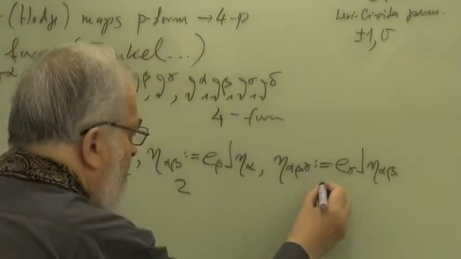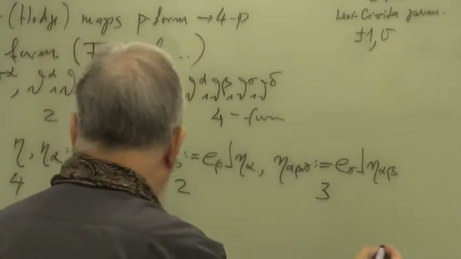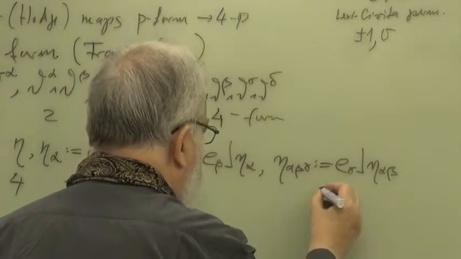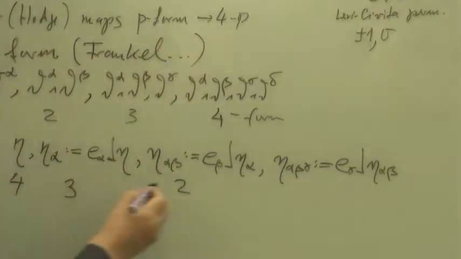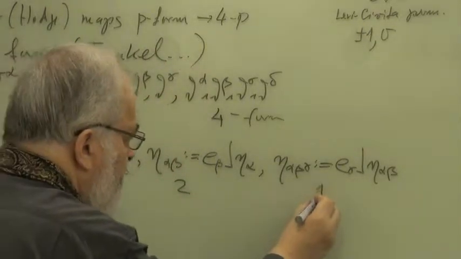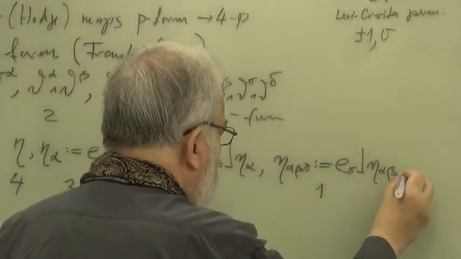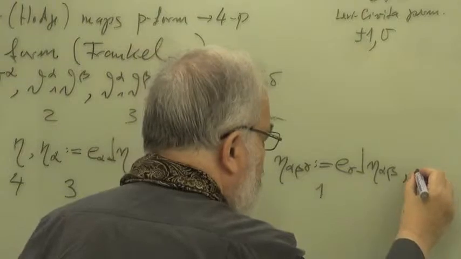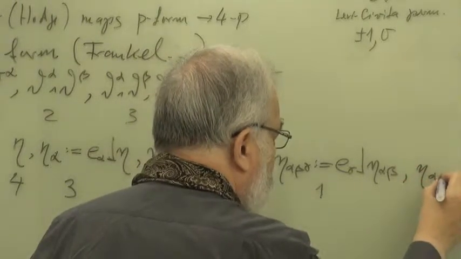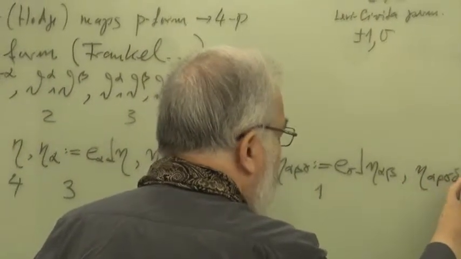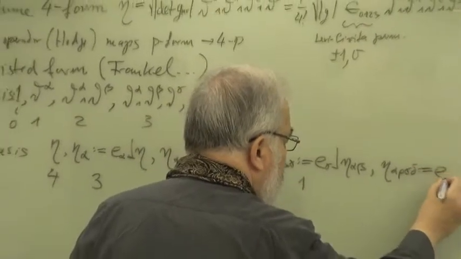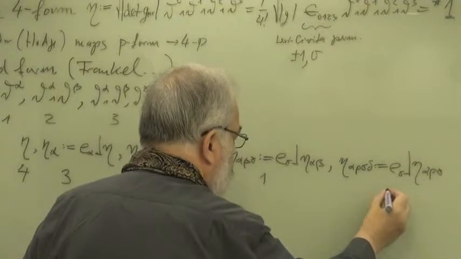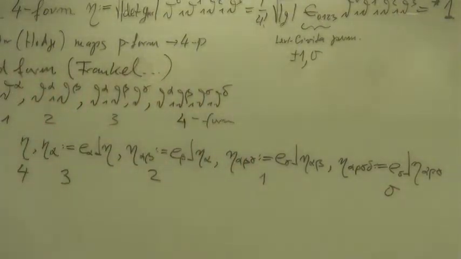So we have here a 4-form, 3-form, 2-form, 1-form. And then we have a 0-form, which is just one more index, eta alpha beta gamma delta. That is by definition E delta in eta alpha beta gamma. So this is a 0-form.